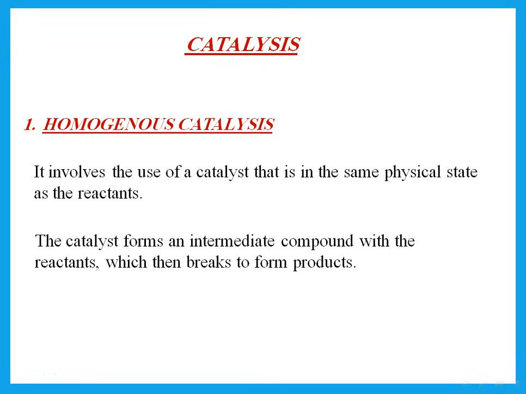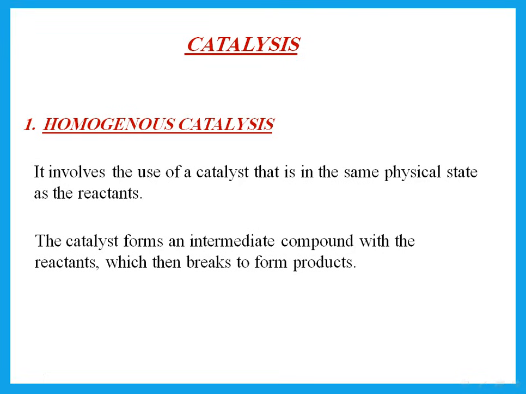Okay, we have two types of catalysts. We have homogeneous catalyst and heterogeneous catalyst. A homogeneous catalyst is one in which the catalyst is in the same physical state as the reactant. So if my reactants are solutions, then my catalyst is also a solution. If my reactants are solids, then my catalyst is also a solid.